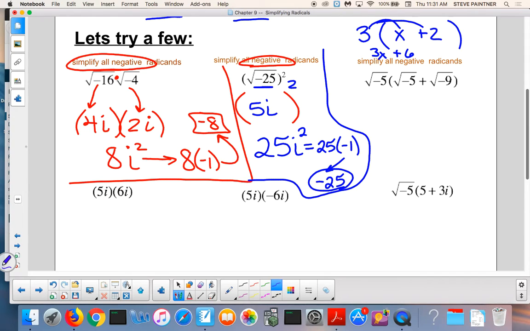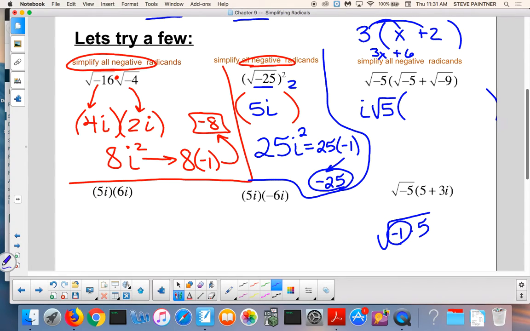What's the square root of negative 5? Negative 5i is not right. Watch this. Negative 5 is really just negative 1 times 5. What's the square root of negative 1? I. What's the square root of 5? Square root of 5. So the number on the outside is i root 5.